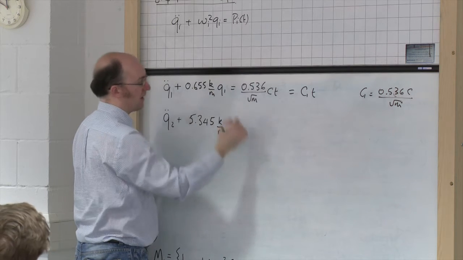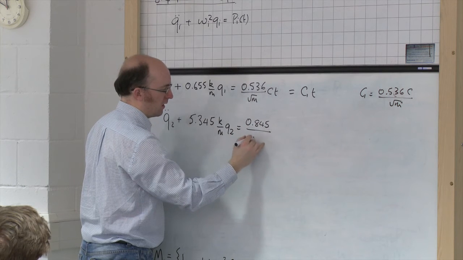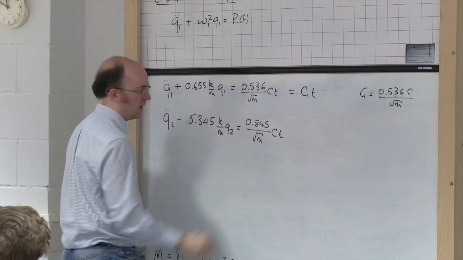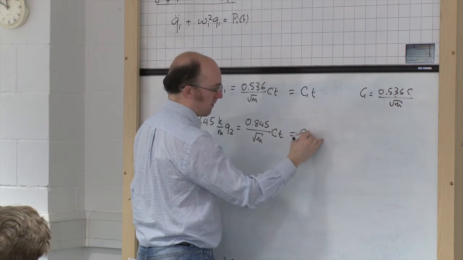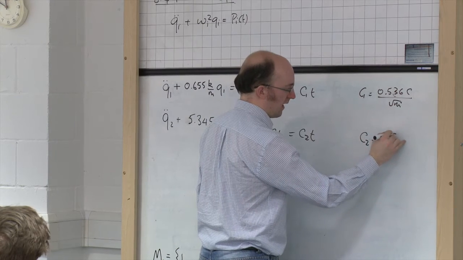And that's going to be our second term, 0.845 over root m ct. And like I said, just making a substitution to clear that up, ct, c2, 0.845.